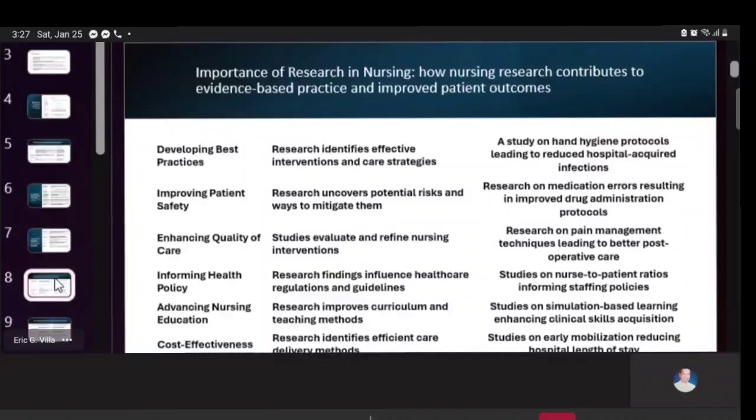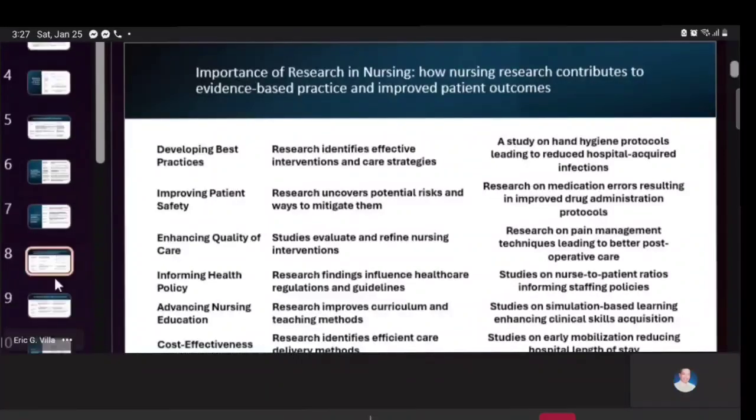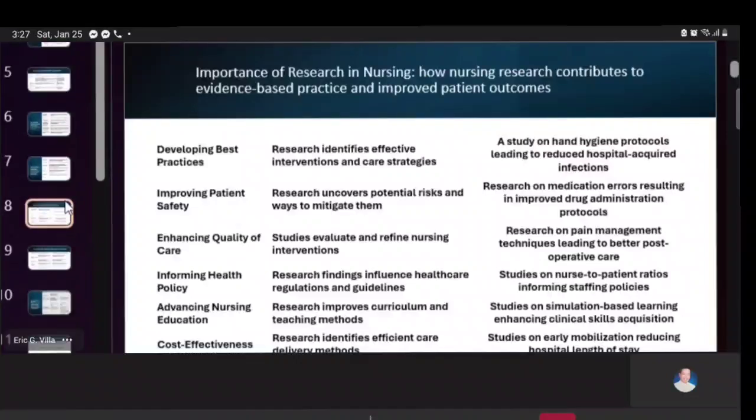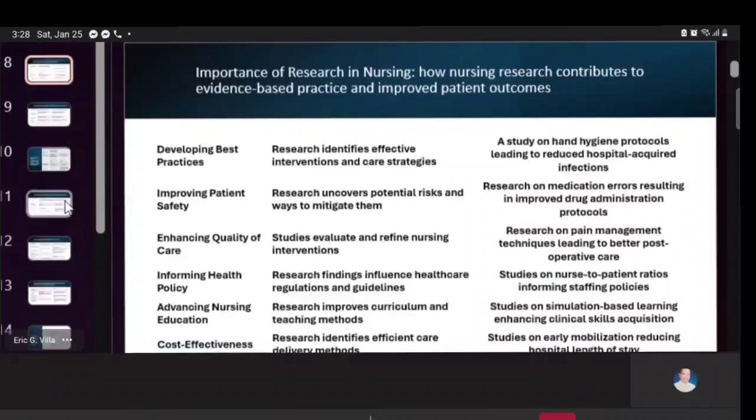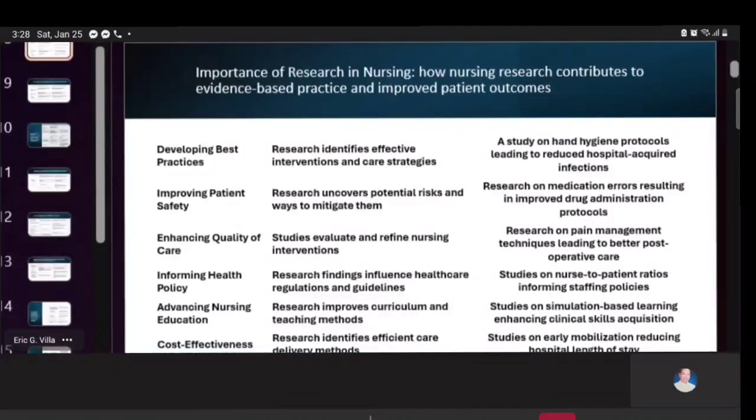It describes how nursing research contributes to evidence-based practice and improved patient outcomes. Nursing research plays significant roles that will contribute to evidence-based practice, and it will definitely improve patient outcomes.